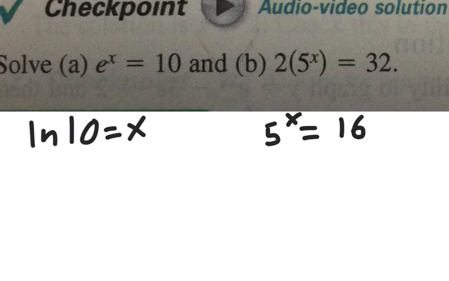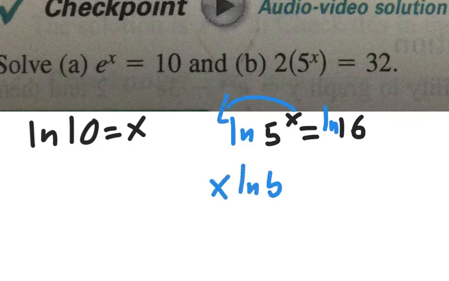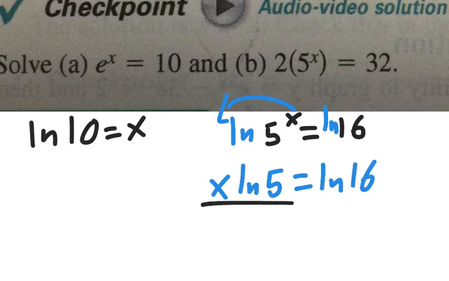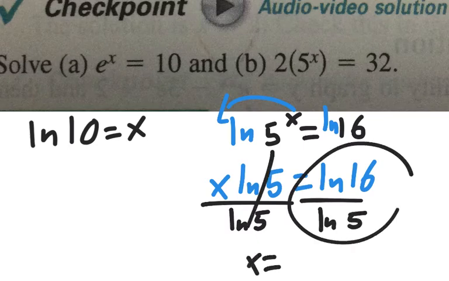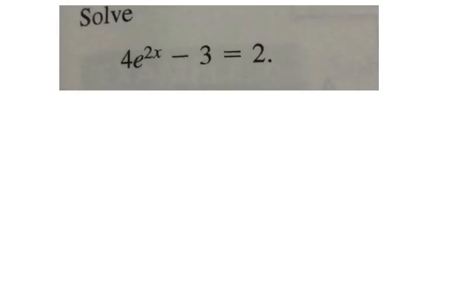And now if you're going to do it the way I'm asking you to do it, you're going to take a natural log of both sides. And so this is x times the natural log of 5 equals the natural log of 16. And then you're going to divide by the natural log of 5. And so x is the natural log of 16 over the natural log of 5.